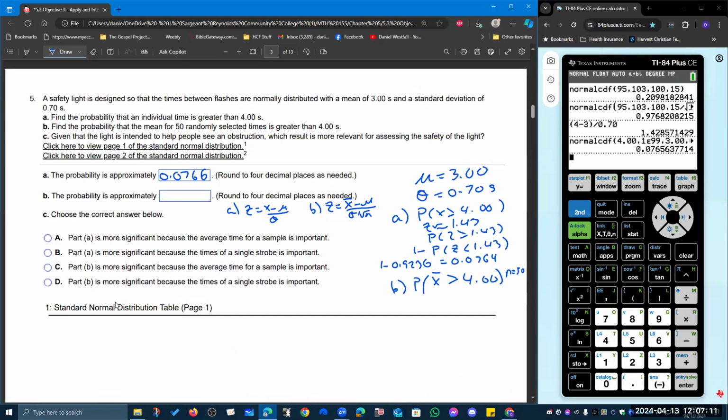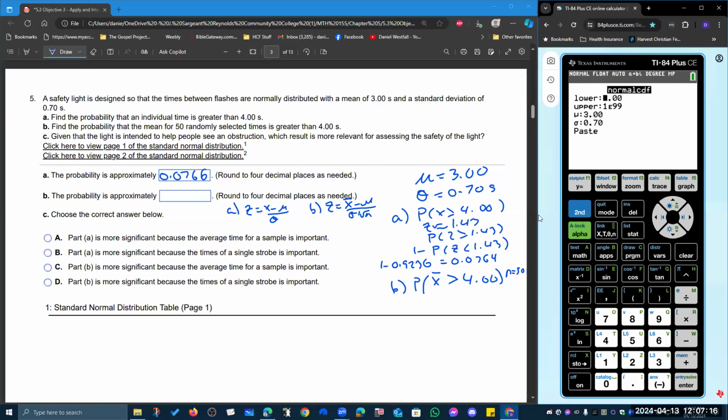So we'll just go ahead and use technology for the second part here. And we'll change this sigma to be divided by the square root of n, and n is 50.